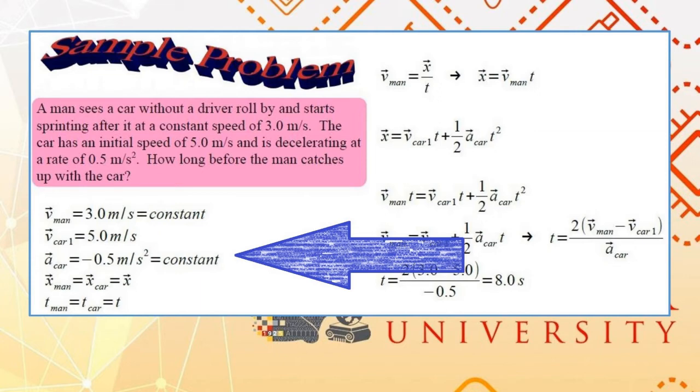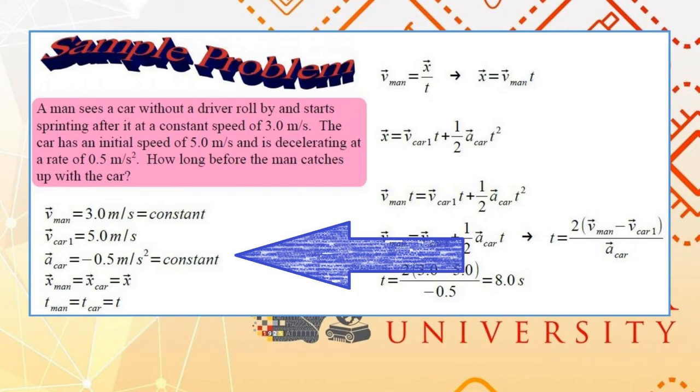For instance, analyze the motion of the car separate from the motion of the man. Analyze the motion of the man as if the car is not there, and vice versa.